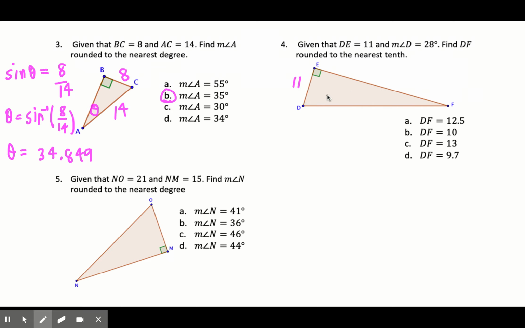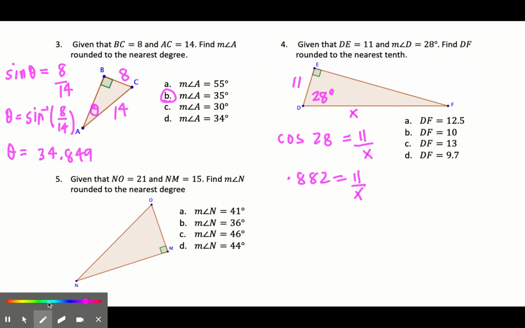Okay, and then for number 4, it says DE is 11, and measure of angle D is 28, and then find DF. That's adjacent and hypotenuse. So you want to use cosine of 28 equals adjacent over hypotenuse. So cosine of 28 in your calculator, you get 0.882.